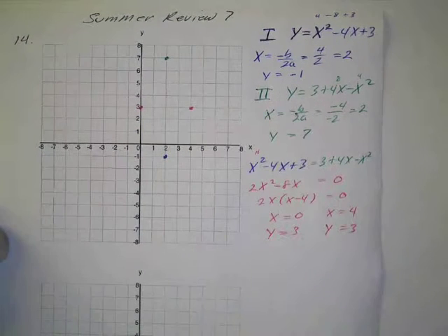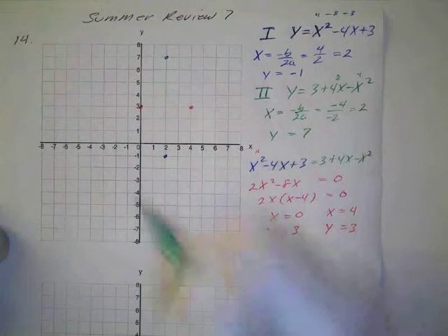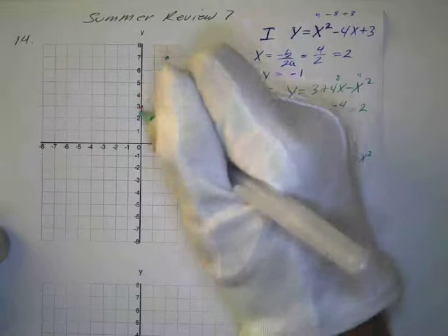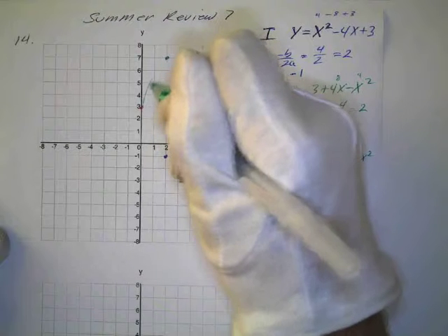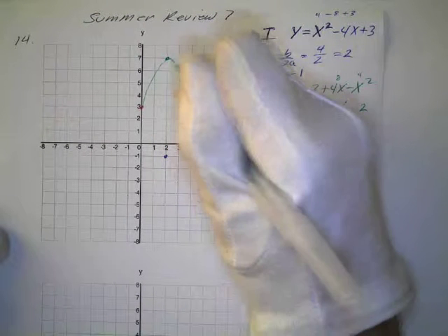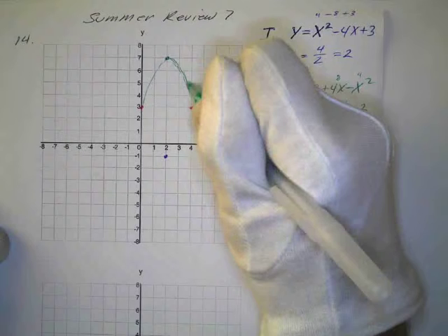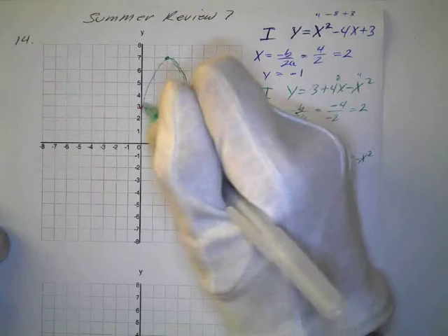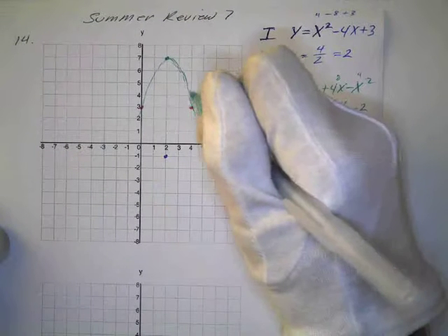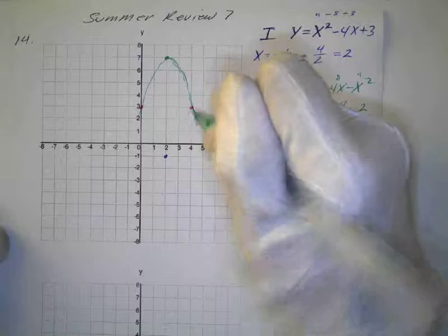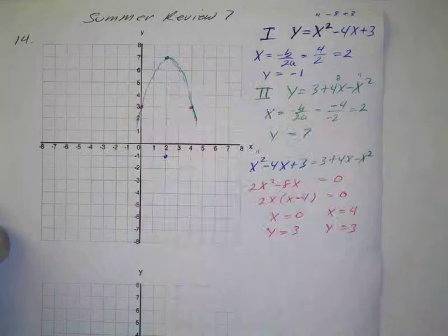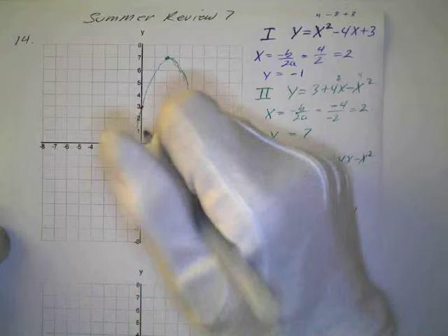So then if we just sketch these parabolas, this one's got to go through these points. And then this one here will look like, it's going to go through here.